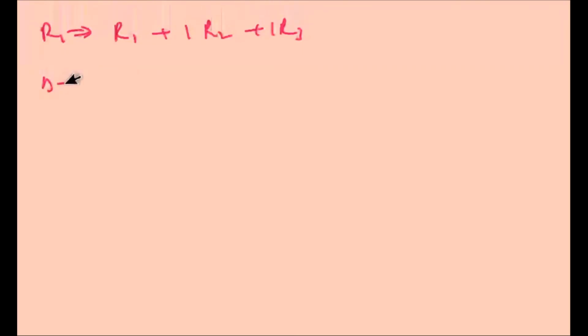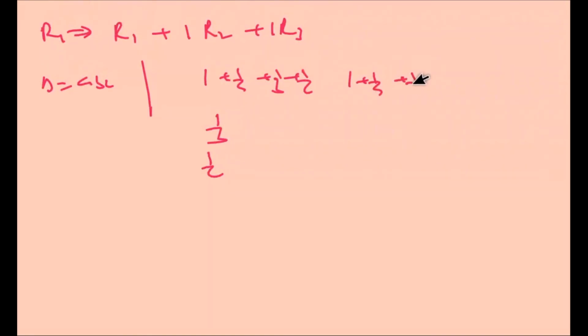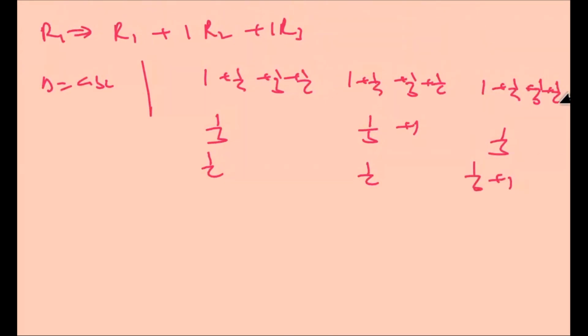Then we get delta equal to abc times the determinant with R1 having 1 plus 1 upon a plus 1 upon b plus 1 upon c in every entry.